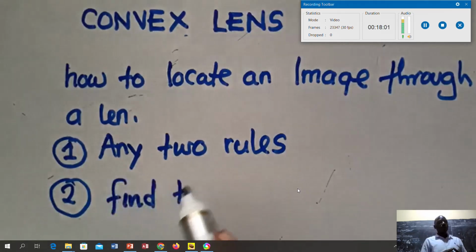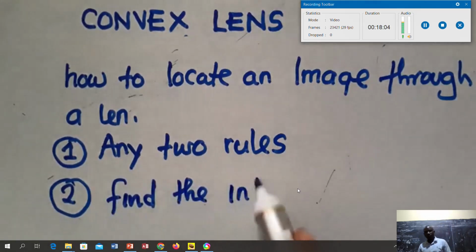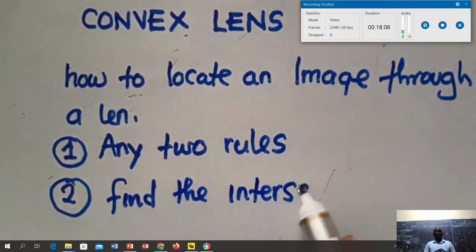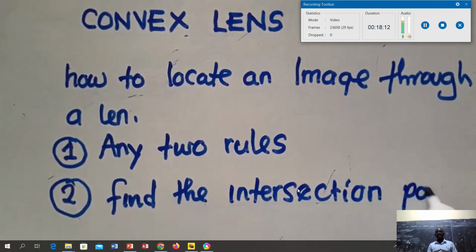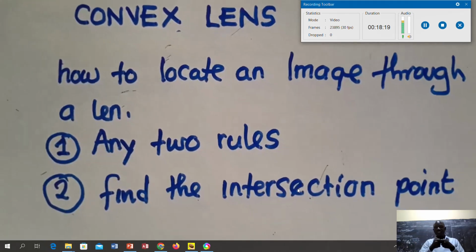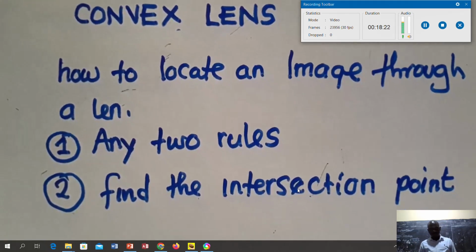So 2, when we are finding the intersection point where these 2 refracted rays are meeting, that is the exact point where the image is formed.